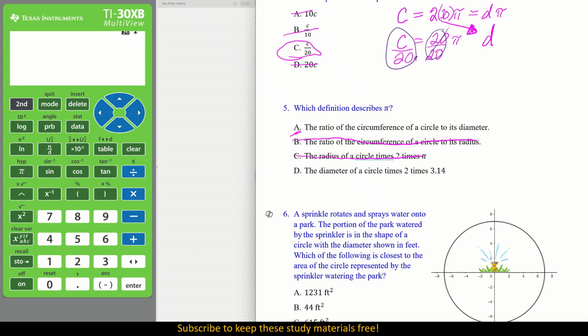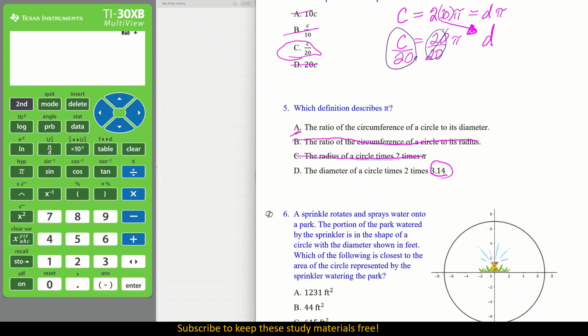Now let's look at D. The diameter of a circle times 2 times 3.14. Okay, none of that makes sense. Oh, and I want to make a note about this right here. 3.14 is used in middle school.